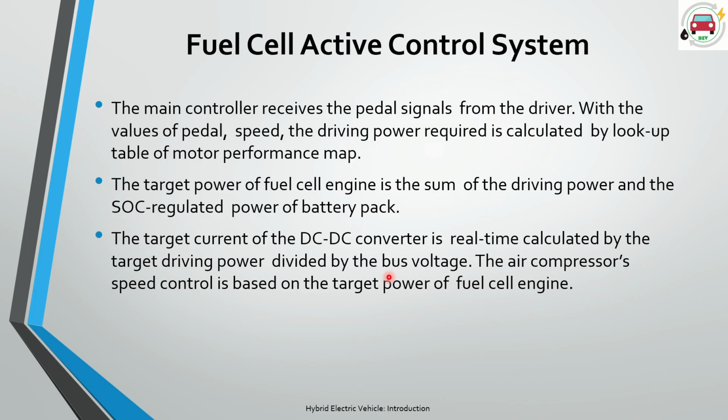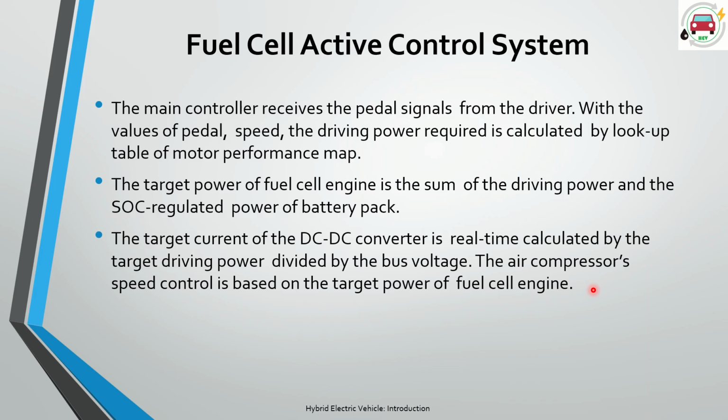Okay, so it is calculated by the target driving power divided by the bus voltage, right? So whatever the bus voltage is there, there are some bus criteria, these are electrical terms. So the bus voltage should be calculated, and the air compressor's speed control is based on the target power of the fuel cell engine.